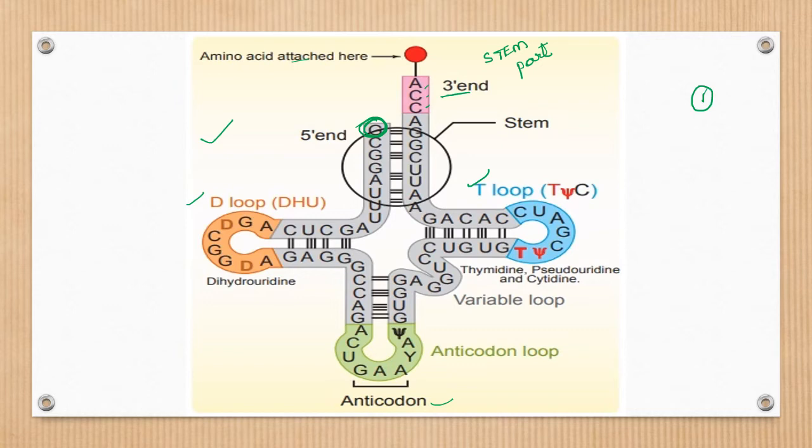Now, the D loop, or D arm, represents dihydrouridine, which is an unusual base.